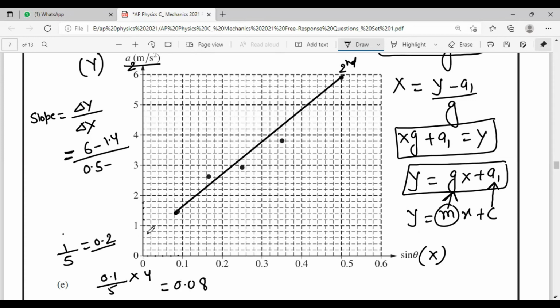So this will be 6 minus 1.4, that is equal to 4.6, divided by 0.5 minus 0.08, that is equal to 0.42. And 4.6 divided by 0.42 is equal to 10.95 meter per second square. So this is the approximate calculated value of G. Let us see the next part, if any.